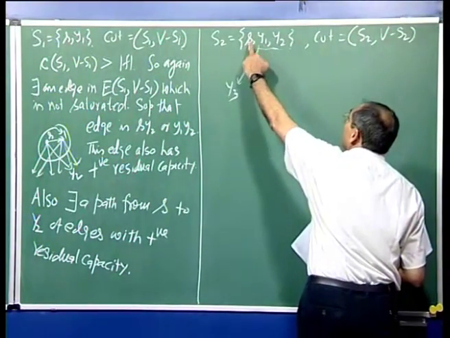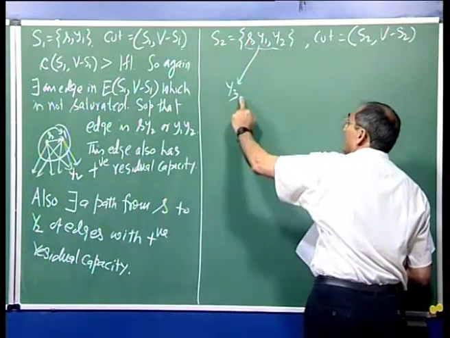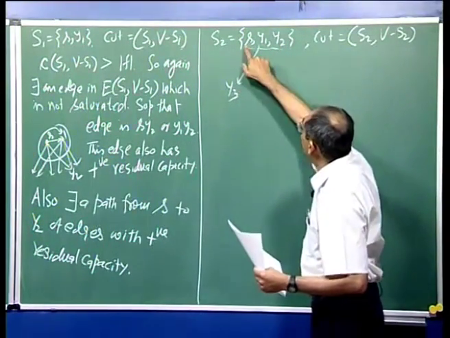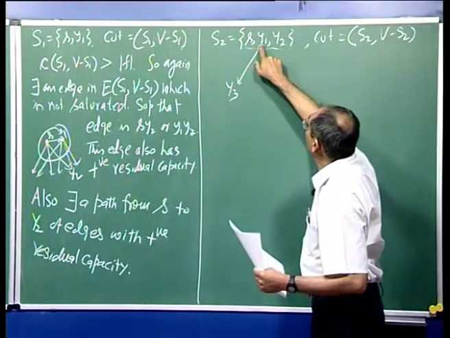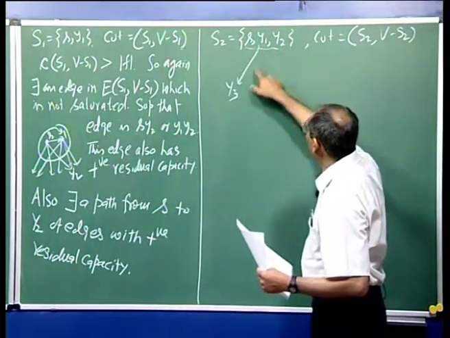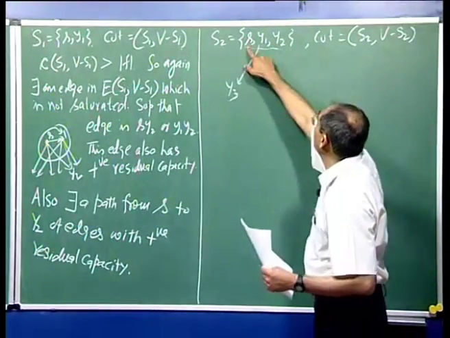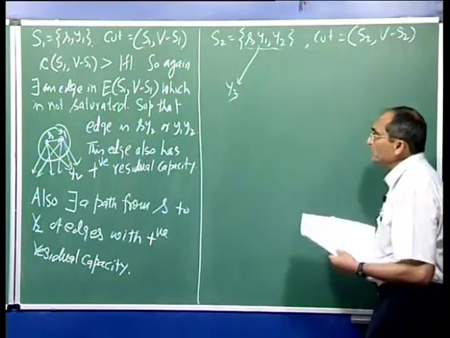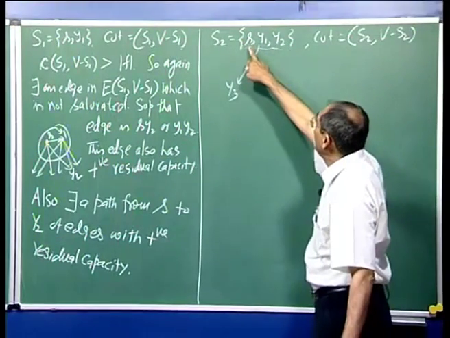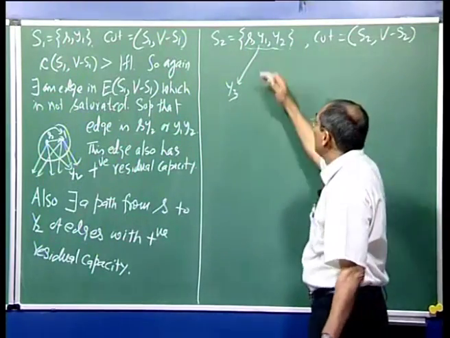If it starts from Y1, then the path will be the SY1 edge, which has positive residual capacity, followed by Y1Y3, which has positive residual capacity. Similarly, if the edge is Y2Y3, then SY1 followed by Y1Y2, if that was the previous path, followed by Y2Y3, or SY2, if that was the previous edge, then SY2 followed by Y2Y3. In all situations, I will have a path with positive residual capacities on its edges from S to the latest vertex.